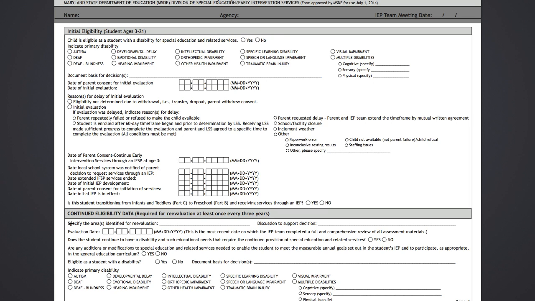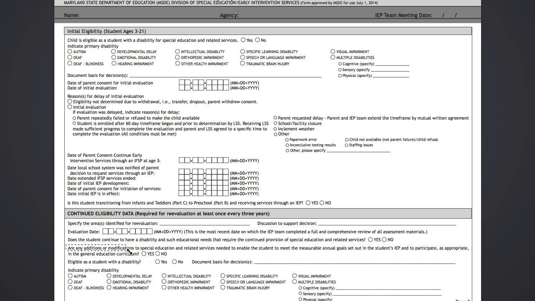So in this section of the IEP, you're really documenting the areas that the team evaluated or re-evaluated the student, why you evaluated the student in those areas, and when you evaluated the student, which is your evaluation date, month, day, year. And then you're answering a series of questions. Does the student continue to have a disability that requires special education and related services?